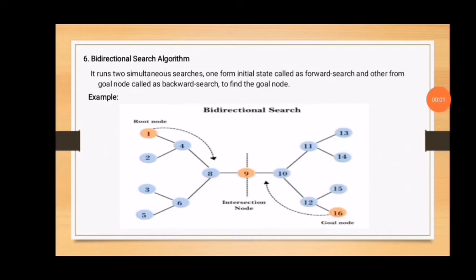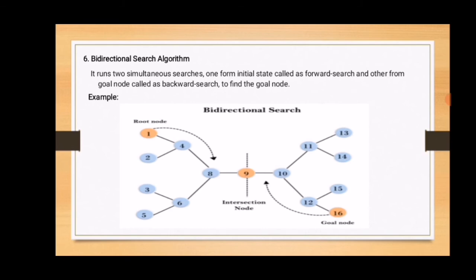The sixth type is the bidirectional search algorithm. Bidirectional search algorithm runs two simultaneous searches, one from the initial state called forward search, and the other from the goal node called backward search, to find the goal node.